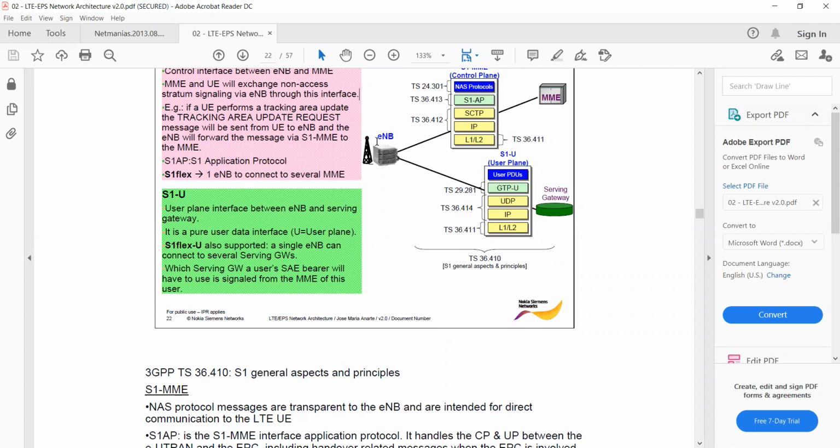So eNode B is connected to the S gateway via this S1 user interface. Why we say S1-U interface means it is responsible for purely user data transfer. And the data coming from the S gateway will come to eNode B via this user interface. So you can write one point under the S1-U heading: it's a user plane interface between eNode B and serving gateway, the S gateway.